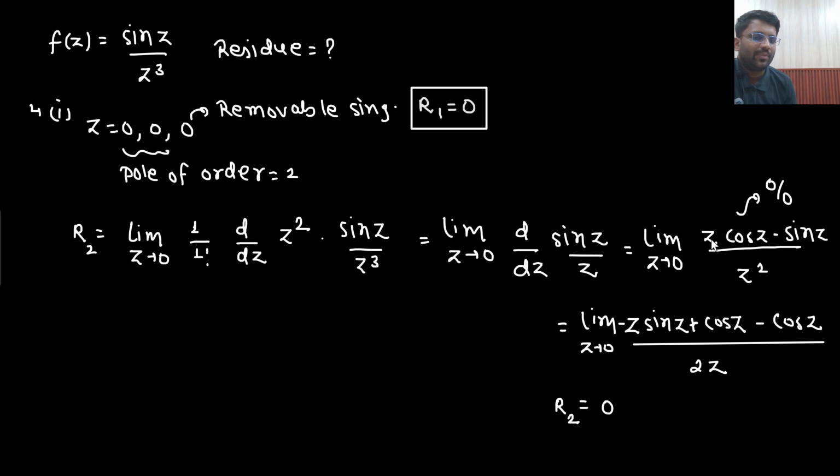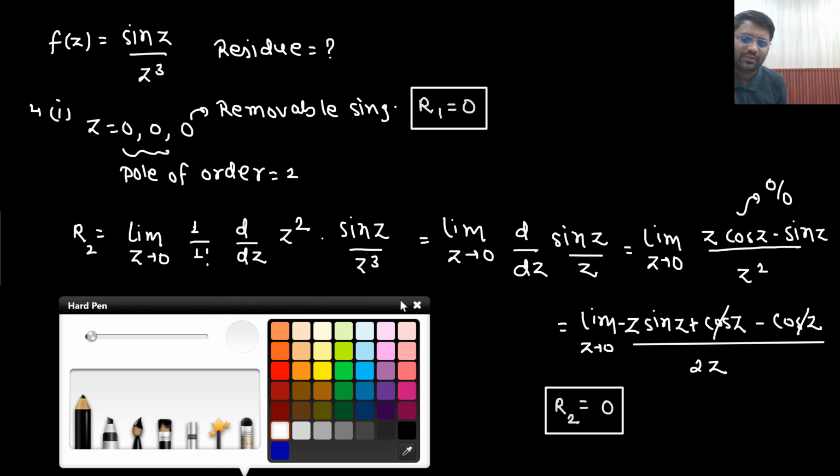Differentiation on the upper side would be first one as it is, differentiation of cos z would be minus sin z, plus cos z as it is. Differentiation of z would be 1 minus differentiation of sin z would be cos z. You put z tending to 0. This and this is getting cancelled out, z and z is getting cancelled out. Minus sin z divided by 2. You put z tending to 0. Answer is 0. So both of the residues are coming out to be 0. So total residue is 0 only.